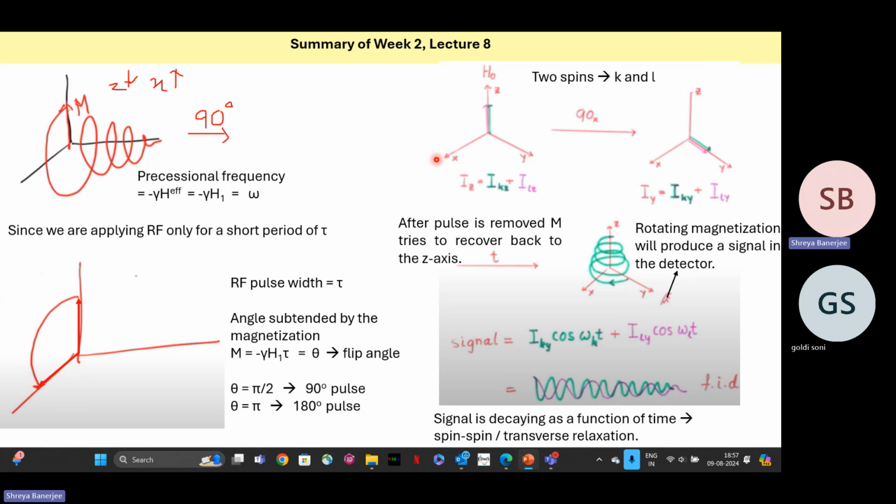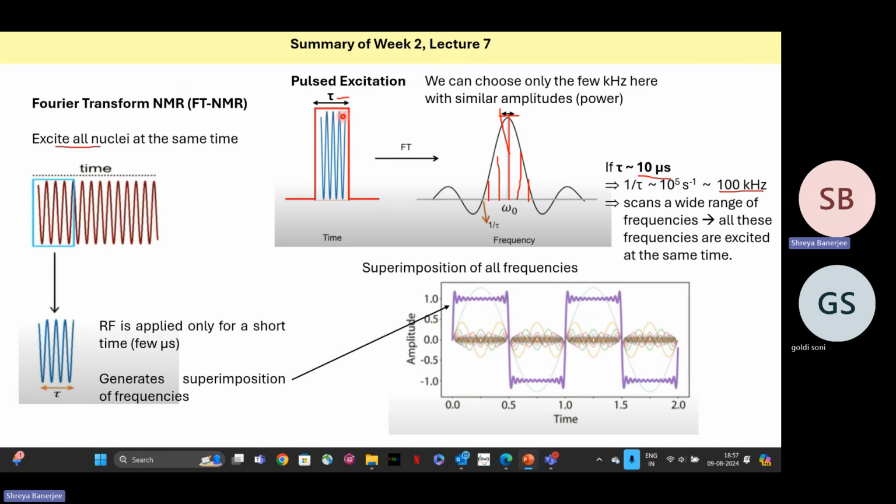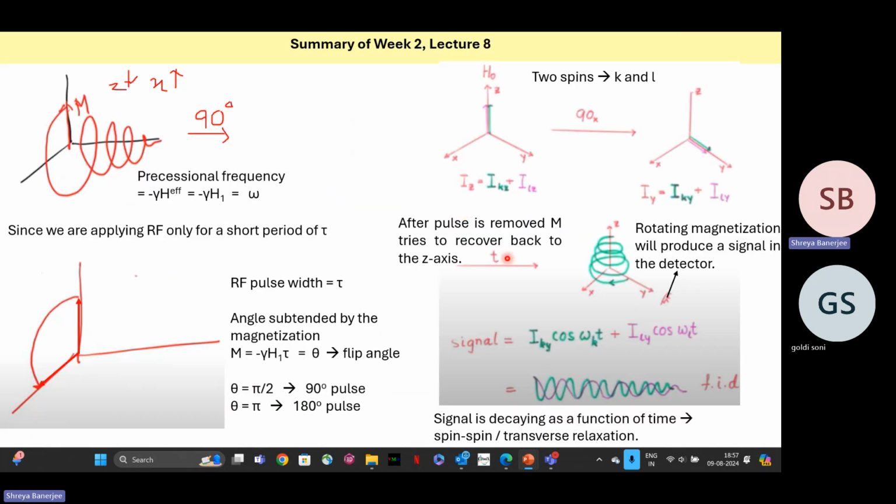Now, suppose we remove the pulse. We saw earlier that after time tau, the pulse is removed. In that case, from the x or y axis, the magnetization will try to go back to the z axis. This process is also not a matter of simply jumping back. You can see this diagram here. It was initially on the y axis.